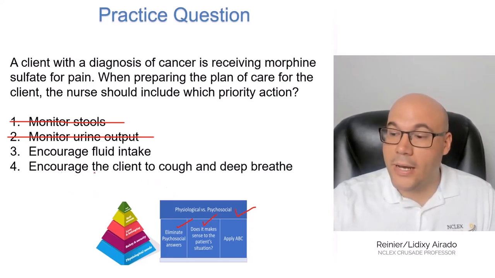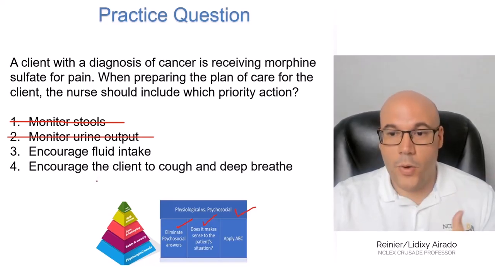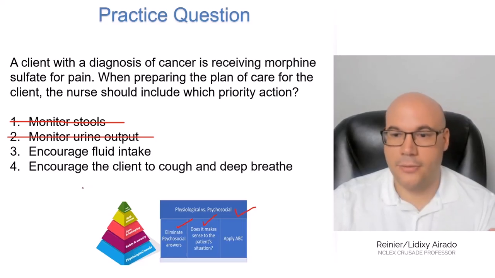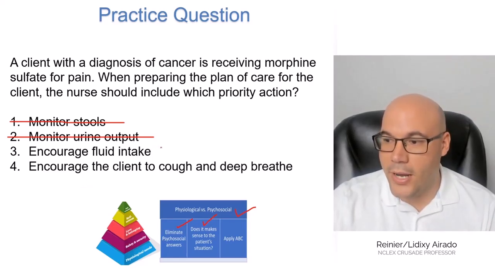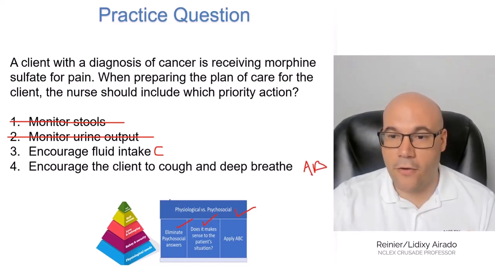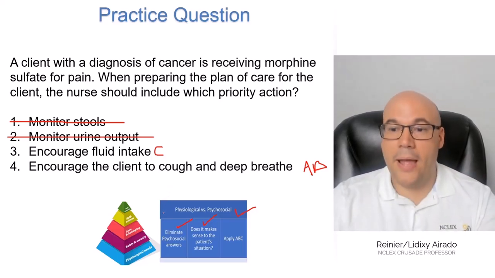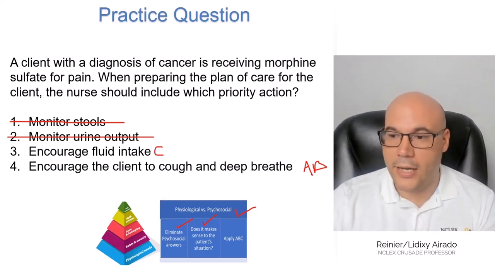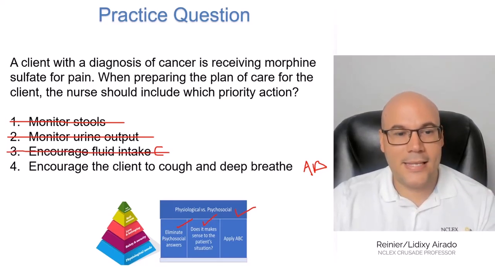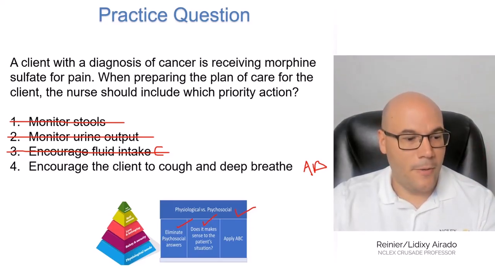Now, which one is airway, which one is breathing, and which one is circulation? Answer number 3 is circulation. Answer number 4 is airway breathing. Maslow's hierarchy of needs says airway breathing has the priority over circulation. Therefore, 3 is eliminated and 4 is the correct answer. Does that make sense?